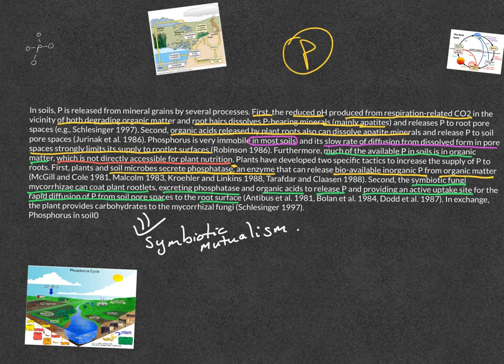The acids help release the phosphate from this cube, this matrix, this crystal, allowing the phosphate to be absorbed into the roots or the rootlets of the plant.